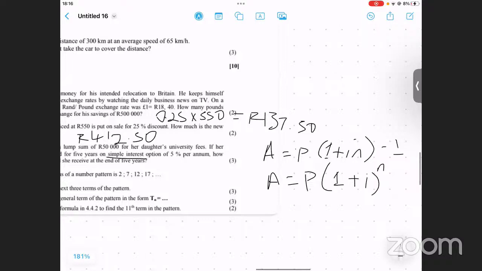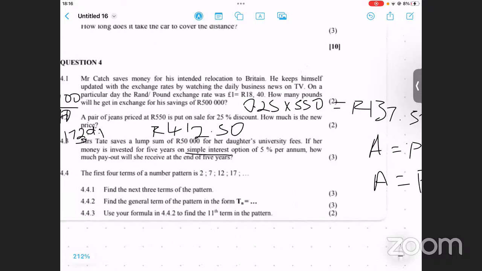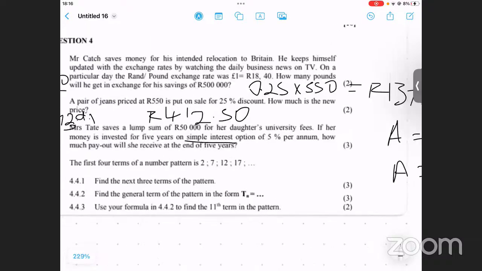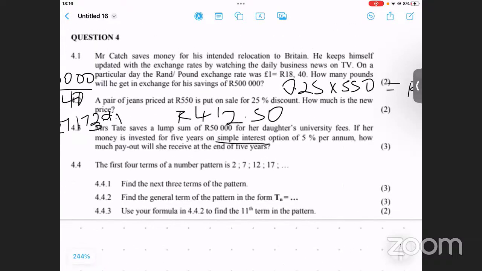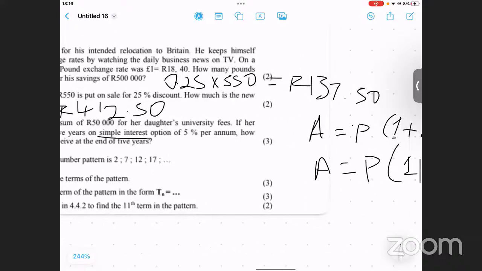Ma'am, the first one. Why are we using the first one? We're going to use the first one because it's a simple interest. This is for simple interest.